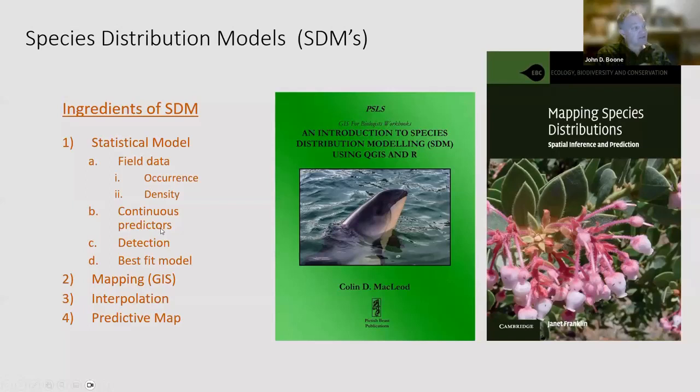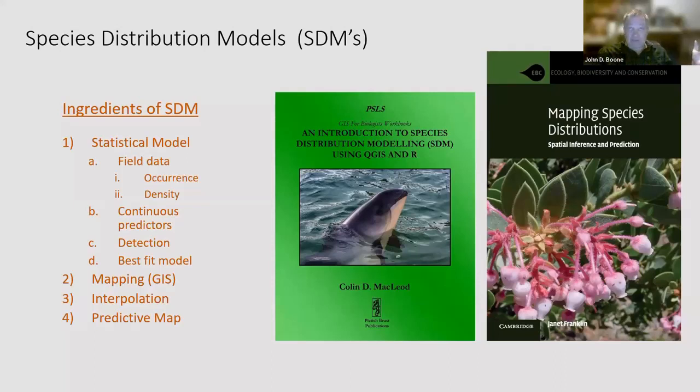The model also makes use of continuous predictors. In other words, measurements that might be related to the distribution of the animals in question. And by continuous, I mean they have to have a value over the whole area that we're thinking of. So think of something like land cover or elevation that has a value everywhere in space. Many of these models do account for incomplete detection and counts.